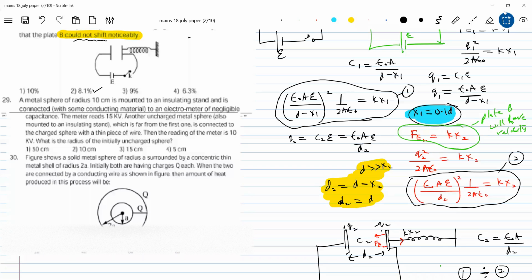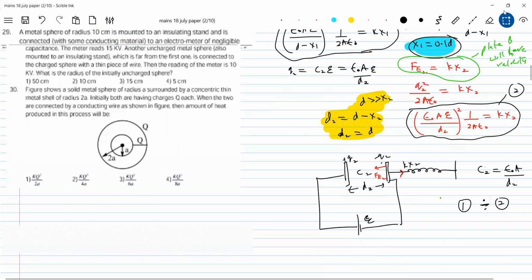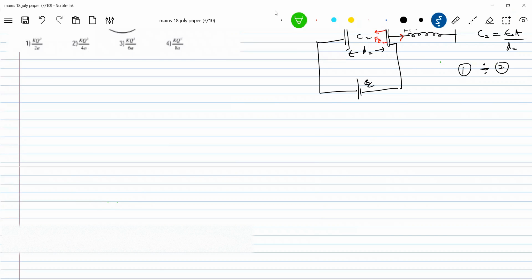The meter reads 15 kilowatt. Another uncharged metal sphere. Two spheres are connected by a wire. Take help of the concept. Question number 29. It's like this.